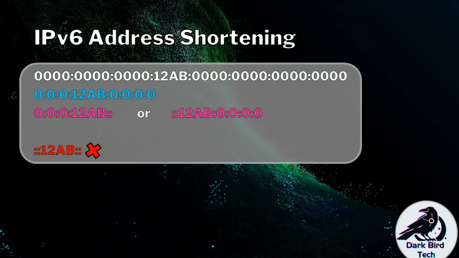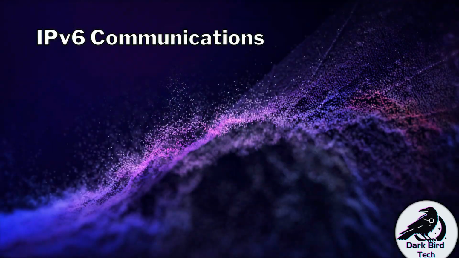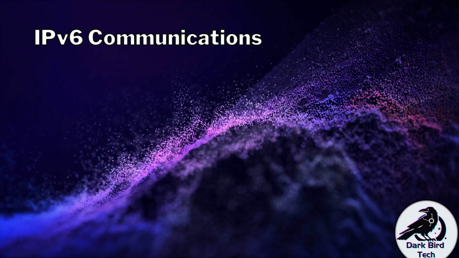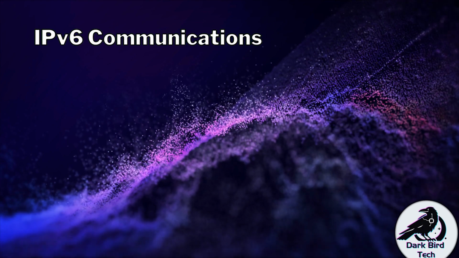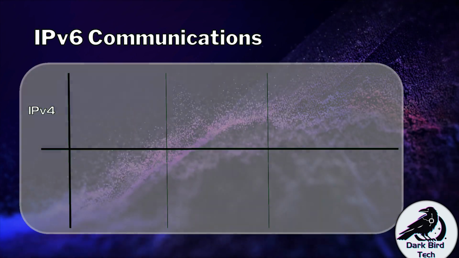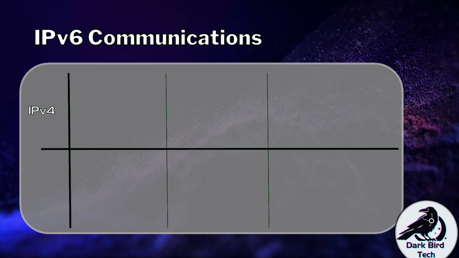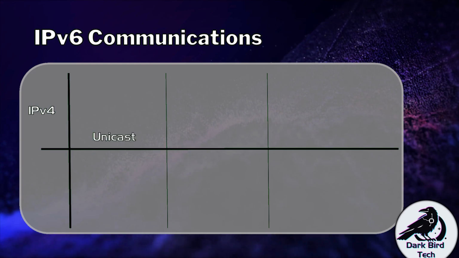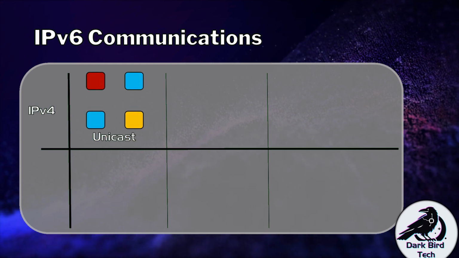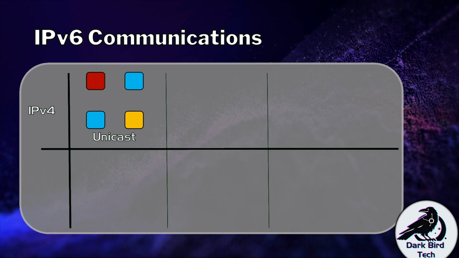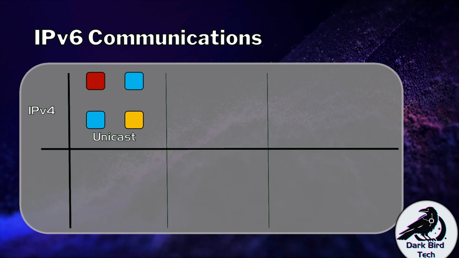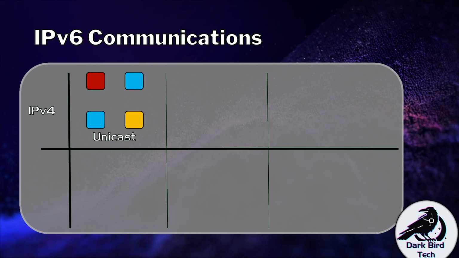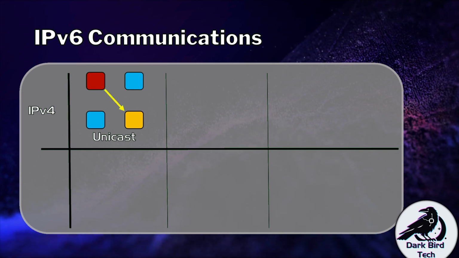Now another thing that we've got going with IP version 6 is that there is a bit of a change in how the communications can go down. Borrowing from a previous video where we spoke about how IPv4's communications went, we started out with unicasting, where a bunch of devices in a network are able to communicate via IPv4, and a unicast with the word uni implying one is a one-on-one conversation.